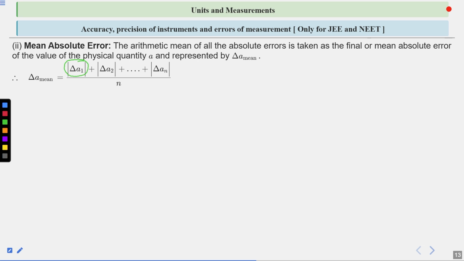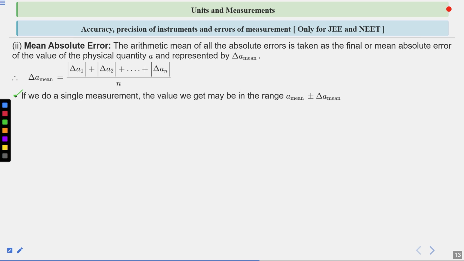Now using the formula of the mean value, we add all these absolute errors and divide by the number of absolute errors. There are n absolute errors, so add the first absolute error, the second, up to the nth absolute error, divided by n. So the mean absolute error is represented in this form.